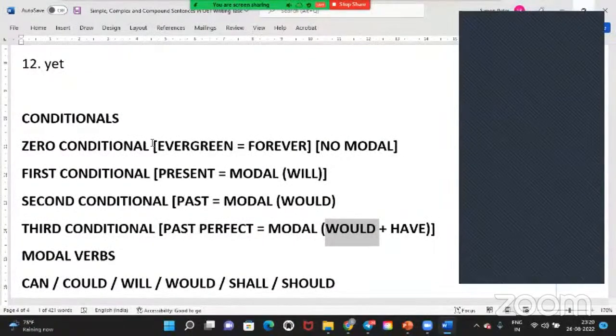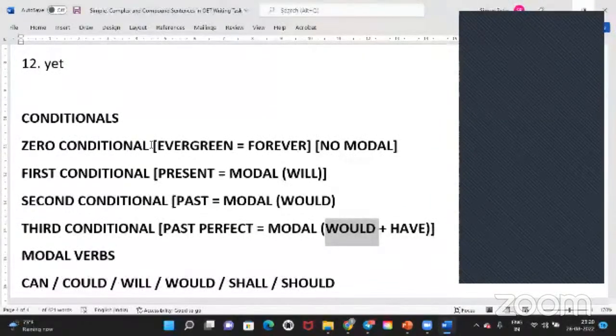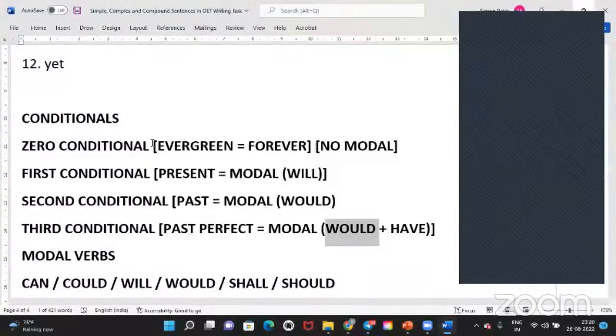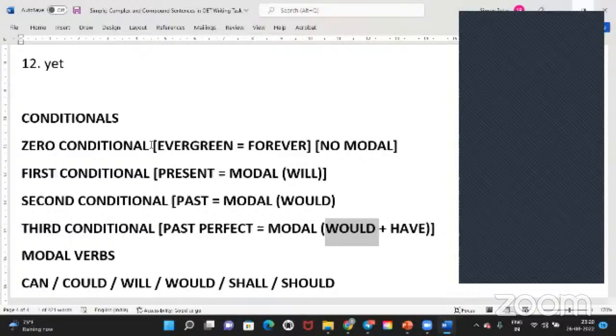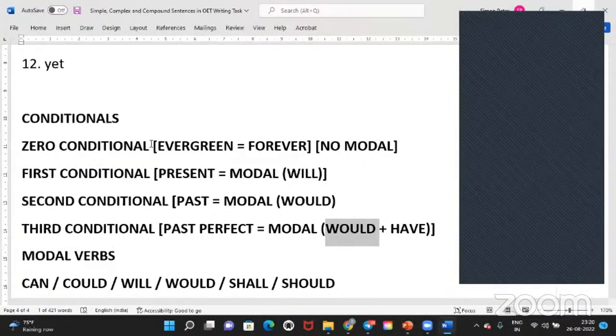Freeze is simple present tense, becomes is simple present tense. Both are present tense. So no modal. So first conditional is, if you help me, I will remember you. Present and will. If you help me now, I will remember.